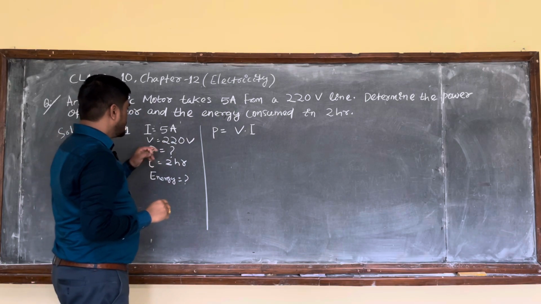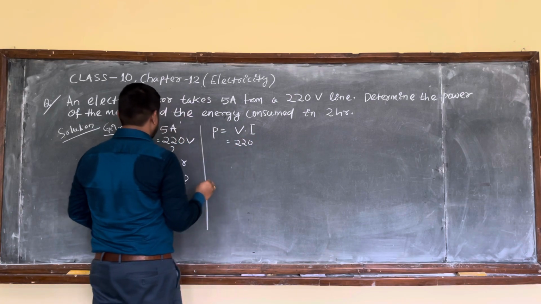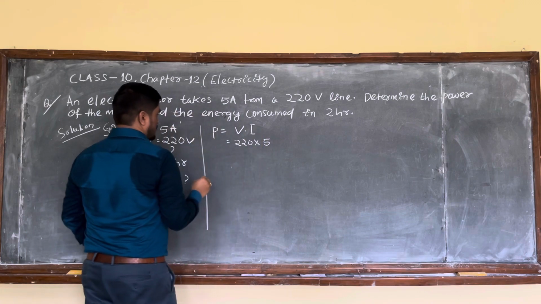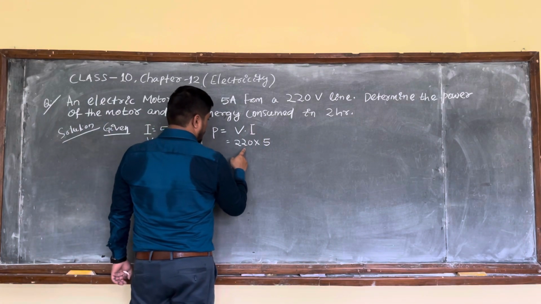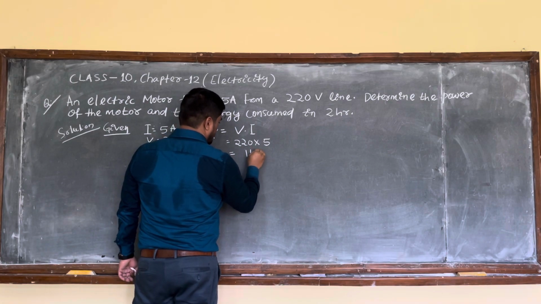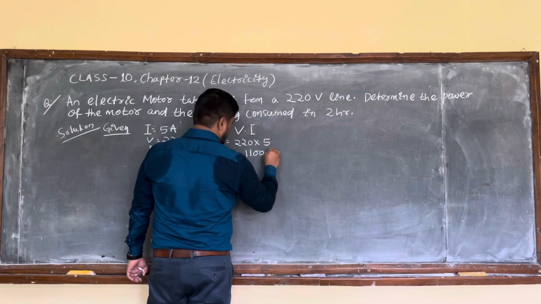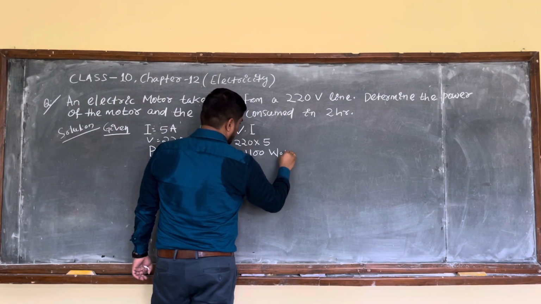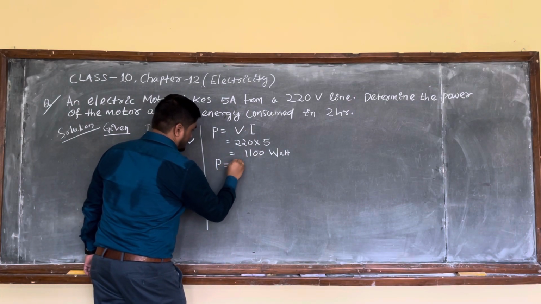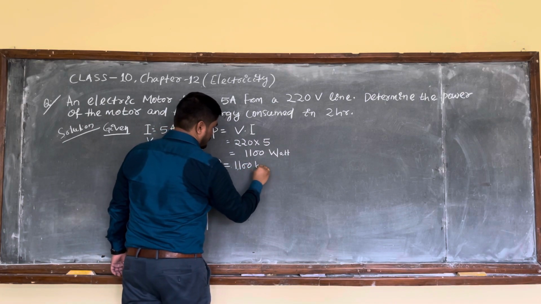So here the potential difference is 220 volt and the current is 5 ampere, and when you multiply 220 with 5 it will come 1100, and the unit will be watt. So you find the power is 1100 watt.